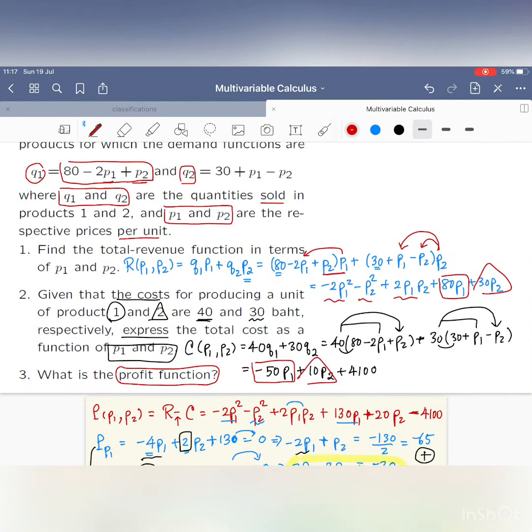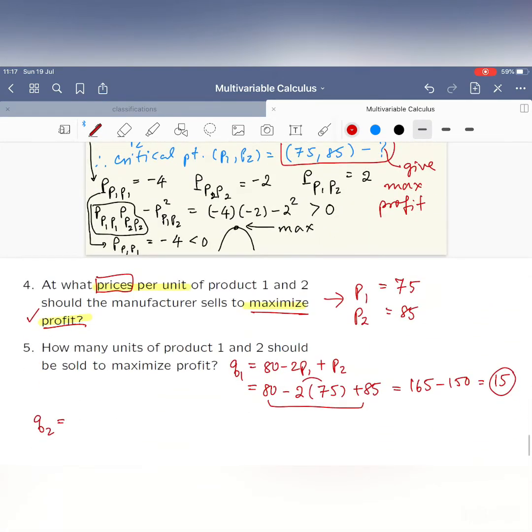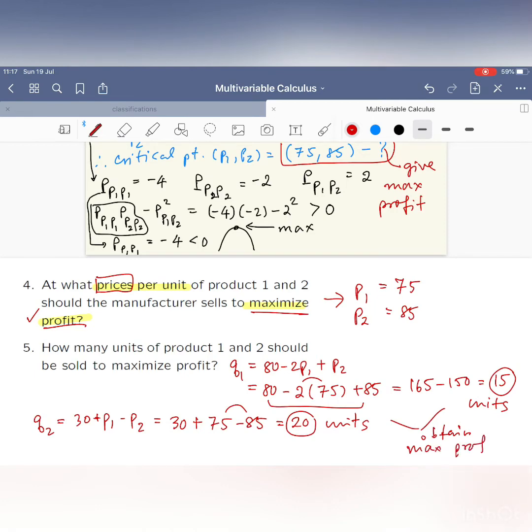Your Q2, you go back again, is 30 and P1 and subtract your P2. So your P1, it is 75 minus your P2, which is 85. So it's simply 30 minus 10, so it's 20 units, okay, to be sold to obtain the maximum profit.